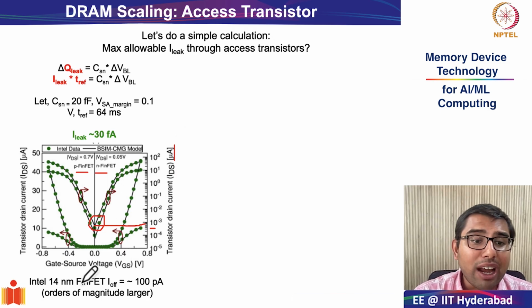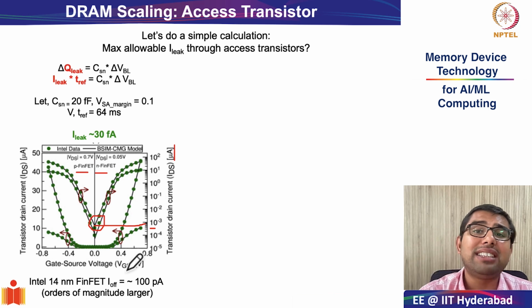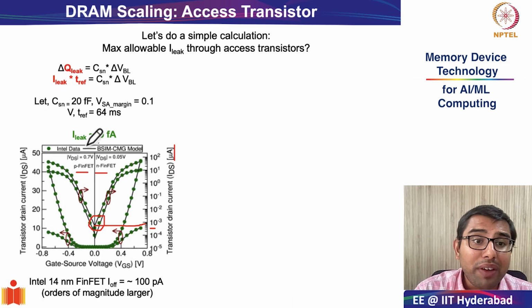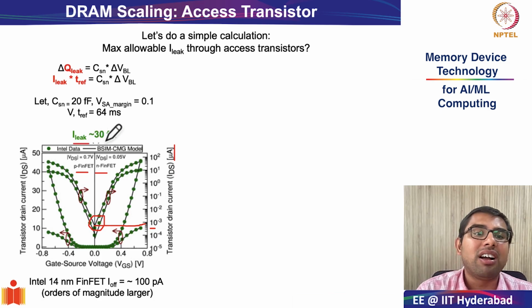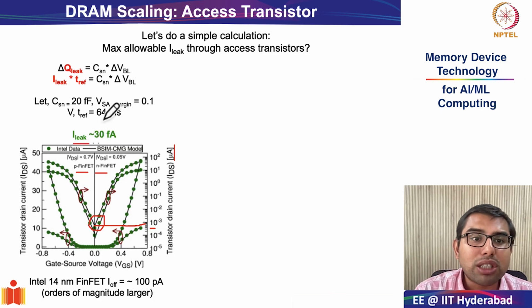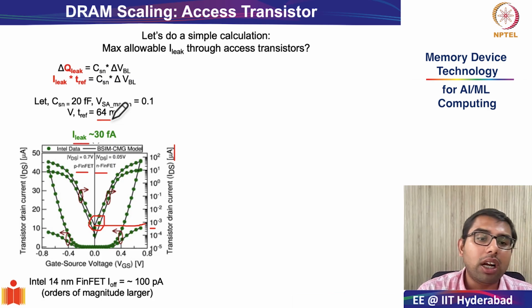So in 14 nanometer FinFET, the off current is on the order of hundreds of picoamps to 1 nanoamp. However, what we require as a leakage current to maintain the 64 millisecond specification is roughly 30 femtoamps.